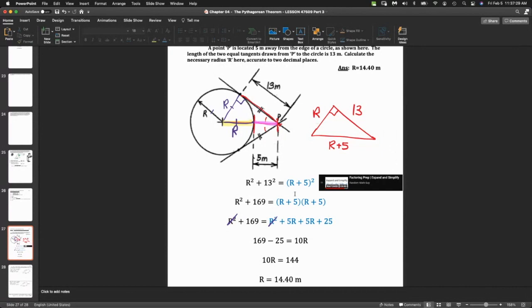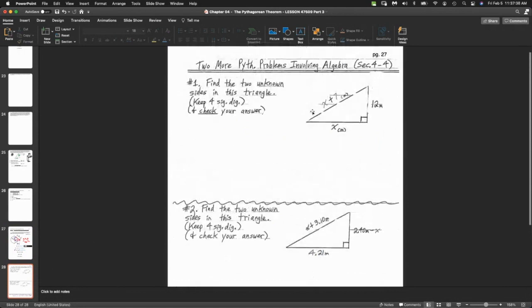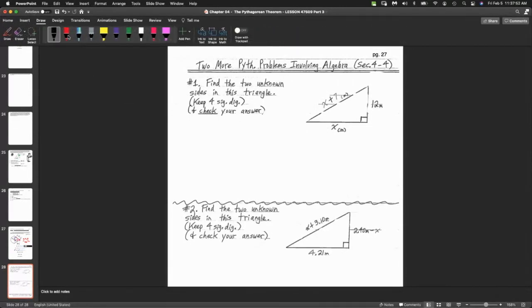The difference between this question and the next question, in my honest opinion, I think the next question's easier. So let's take a look at it. That's the next question. And frankly, the next question here, 2, is the same as question 1, except it's got some decimals happening, and there's an extra x down here.